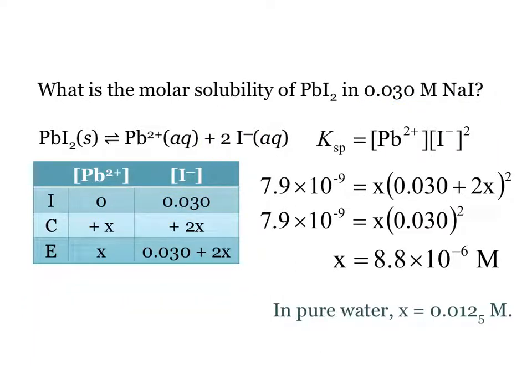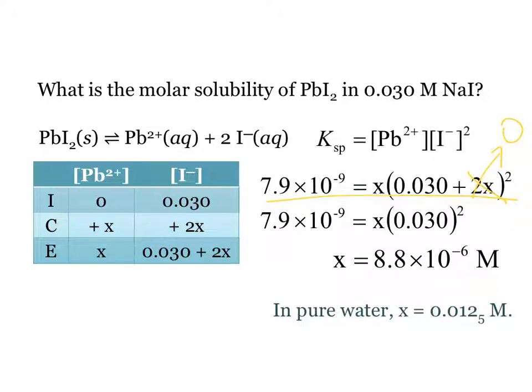When we drop our equilibrium line into the KSP expression, we see that it's to our advantage to assume that 2X is small compared to the initial iodide concentration of 0.030 molar. This allows us to drop 2X and simplify the expression so that we are not solving a cubic equation.